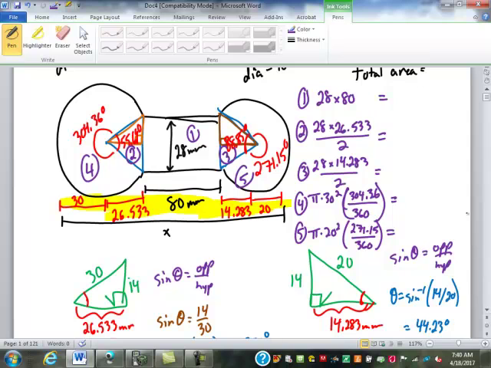That total area should come out to be 6,148.35 millimeters squared.